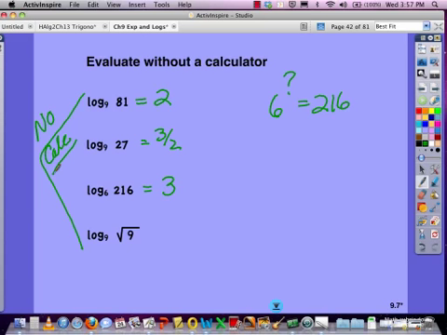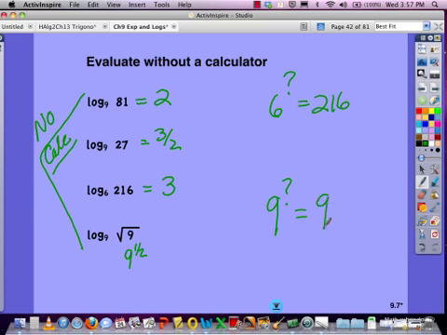Last but not least, remember if we put a radical in it, you may want to rewrite it so it has a little different look to it. And think of that 9 in this case as 9 to the 1/2. I wouldn't turn it to square root of 9, which is 3, a whole number, because that might get you in trouble when you think about what we're doing. So, reading it, what's the exponent for the number 9 to the 1/2 if I'm in base 9?